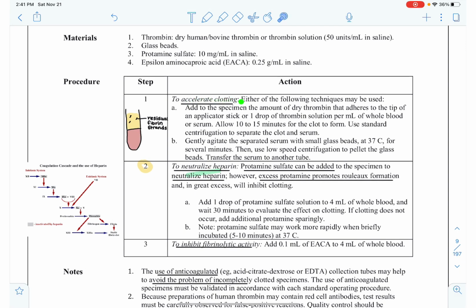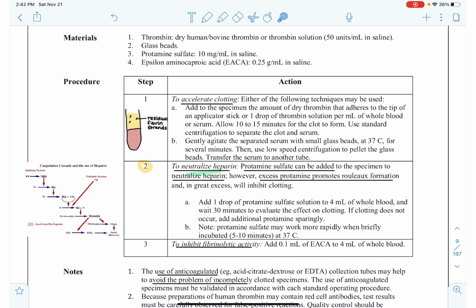To accelerate clotting, we'll add a certain amount of dry thrombin. We can also have the option to add a thrombin solution. We'll add this to whole blood or serum and allow the sample to clot after about 10 to 15 minutes.